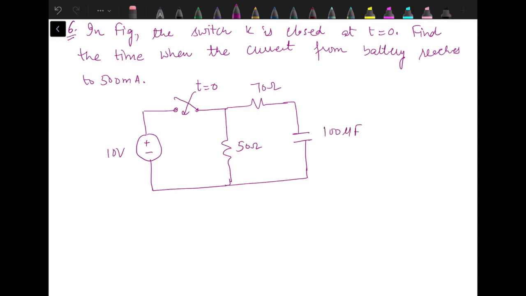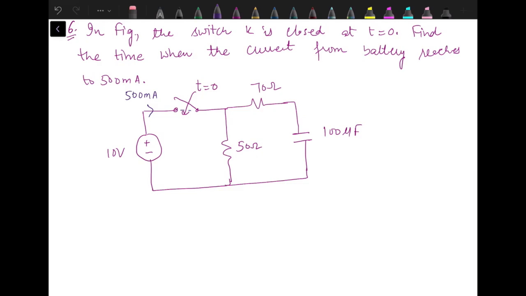This is the circuit. Now it's given in the problem that the current from the battery reaches 500 milliamperes, meaning this current is 500 milliamperes after switching when the switch is closed.